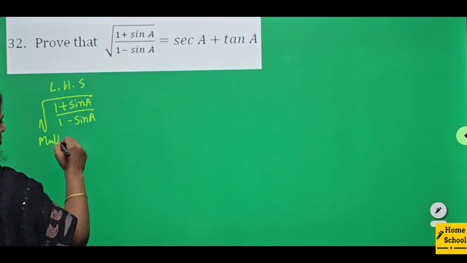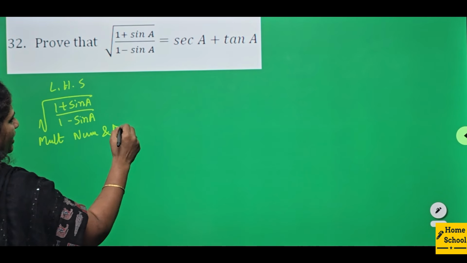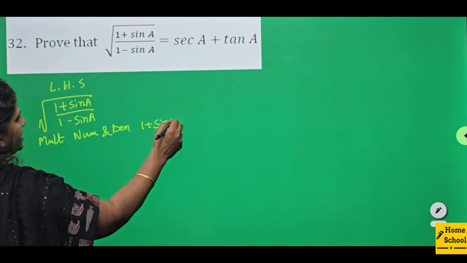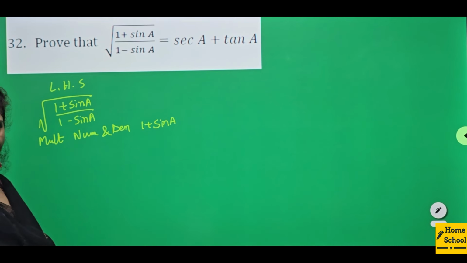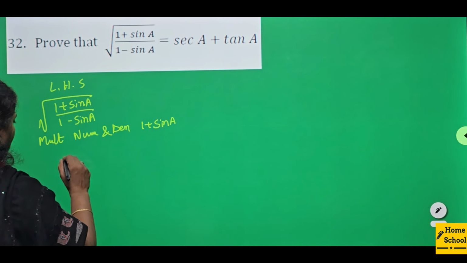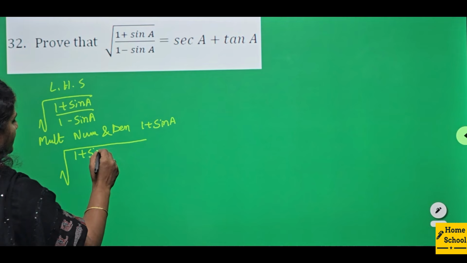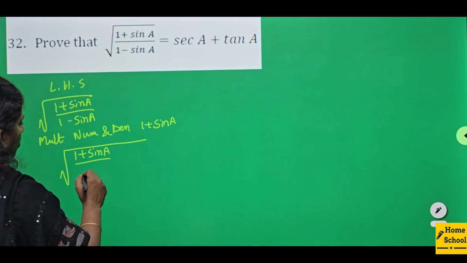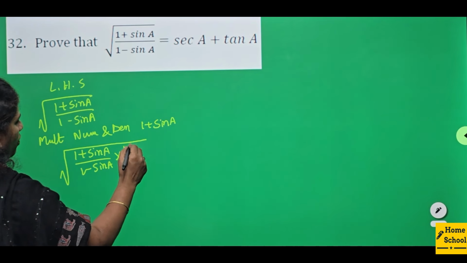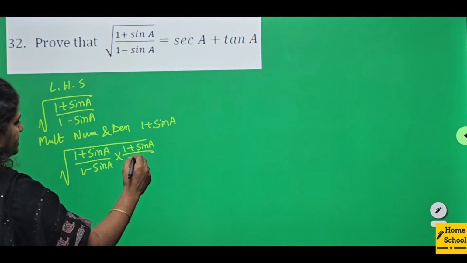Multiply numerator and denominator by the conjugate of the denominator. What is the conjugate of the denominator? 1 minus sin A, it will be 1 plus sin A. Multiply, extend the root and multiply. 1 plus sin A by 1 minus sin A into 1 plus sin A by 1 plus sin A.